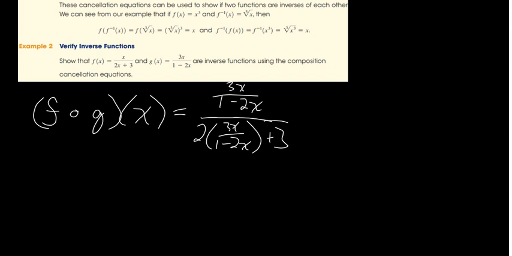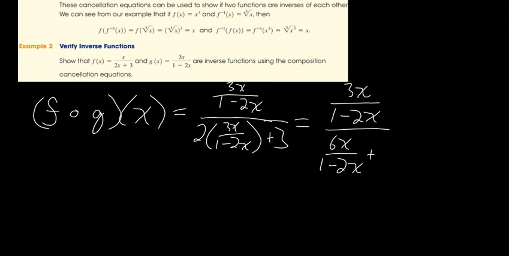What I need to do here is get a singular fraction in the denominator. That way I have a fraction over a fraction, which nobody likes, but we have to do anyway. So this becomes over 6x over 1 minus 2x plus 3.